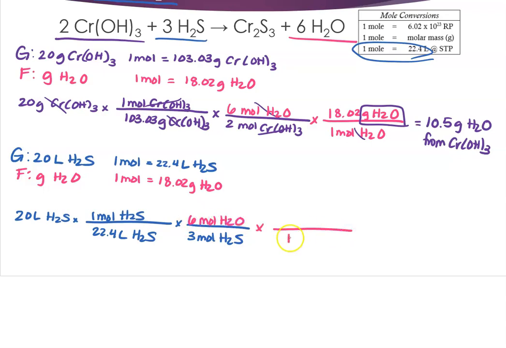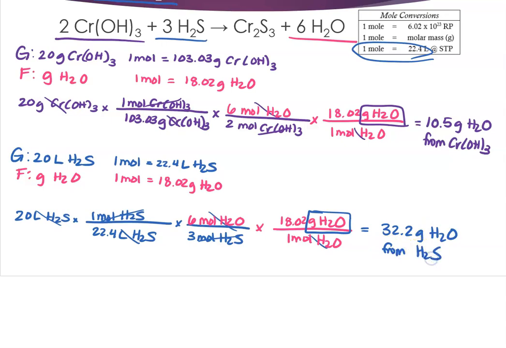And then lastly, I convert to grams by multiplying by 18.02 grams of H2O. So liters cancel with liters, moles cancel with moles, moles cancel with moles again, and I'm left with grams of H2O. All right, and then when I do this math, I get 32.2 grams of H2O from H2S.